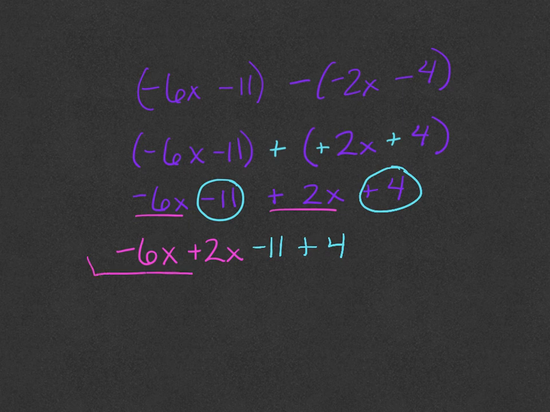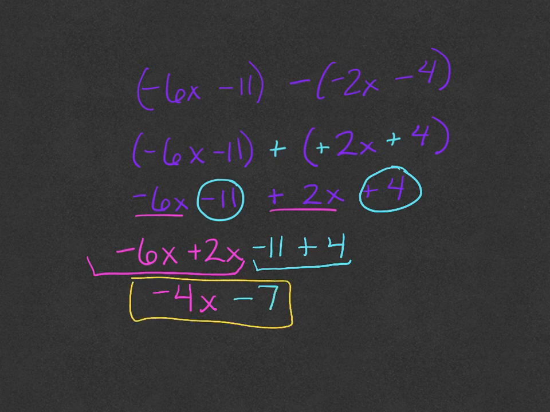So negative 6x plus 2x would be negative 4x. And then I have a negative 11 plus 4. There's more negatives than positives, so that would be minus 7. And that's your final answer, negative 4x minus 7.